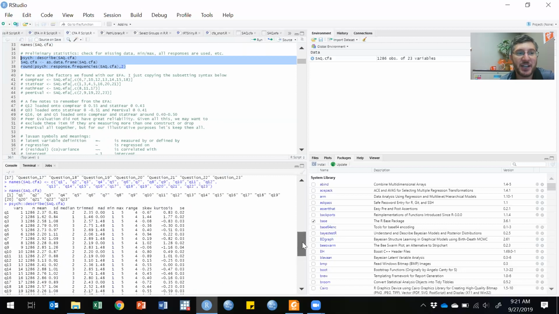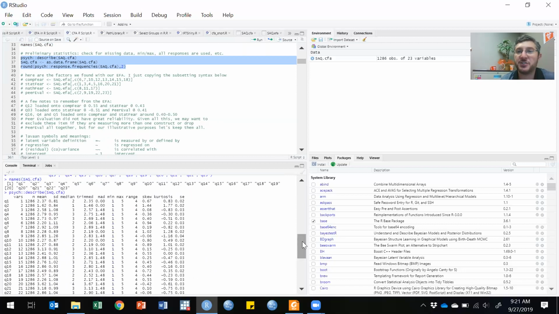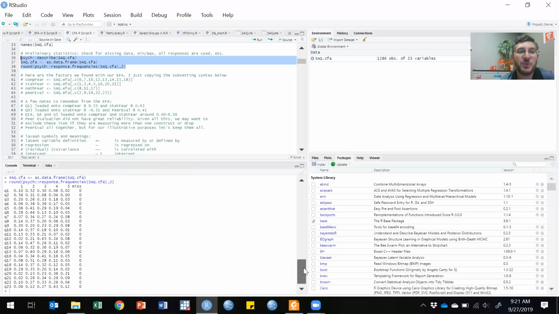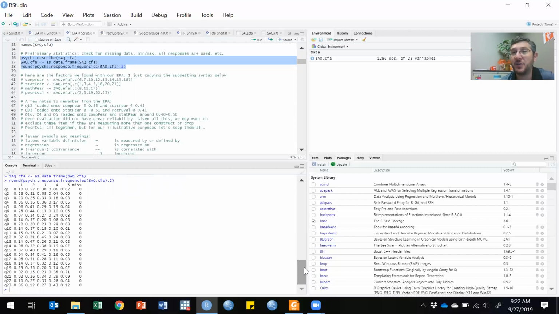We can use the describe function in psych, and it basically gives us descriptive statistics for our data: the mean, the standard deviation, the median, the min and max, and the skewness and kurtosis. We can also get frequency distributions, the proportion that answered each response option, and the number missing.